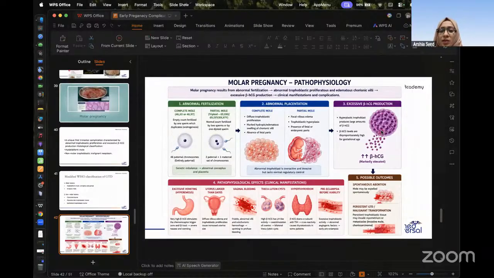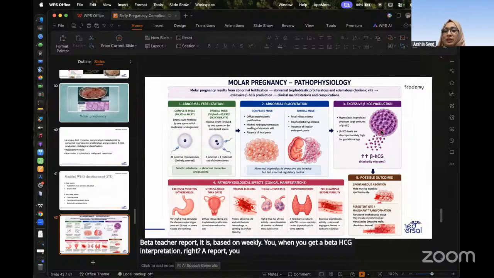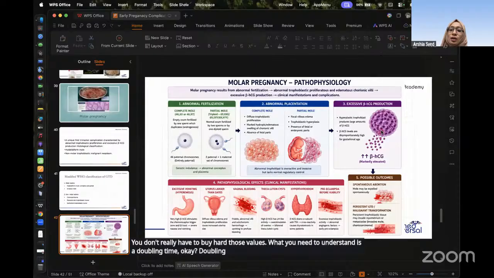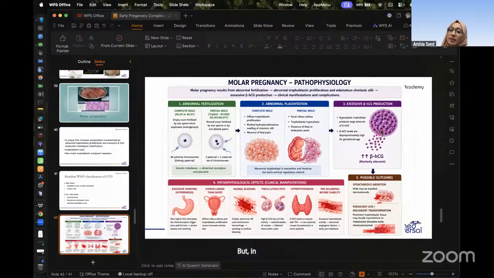The beta HCG report is based on weeks. When you get a beta HCG report, you will have week-wise values of what the beta HCG should be. You don't really have to learn those values by heart. What you need to understand is the doubling time. In a normal intrauterine pregnancy, it will rise by more than 66% in a duration of 48 hours. But if in that 48 hours the beta HCG is not doubling, then you can suspect ectopic pregnancy.